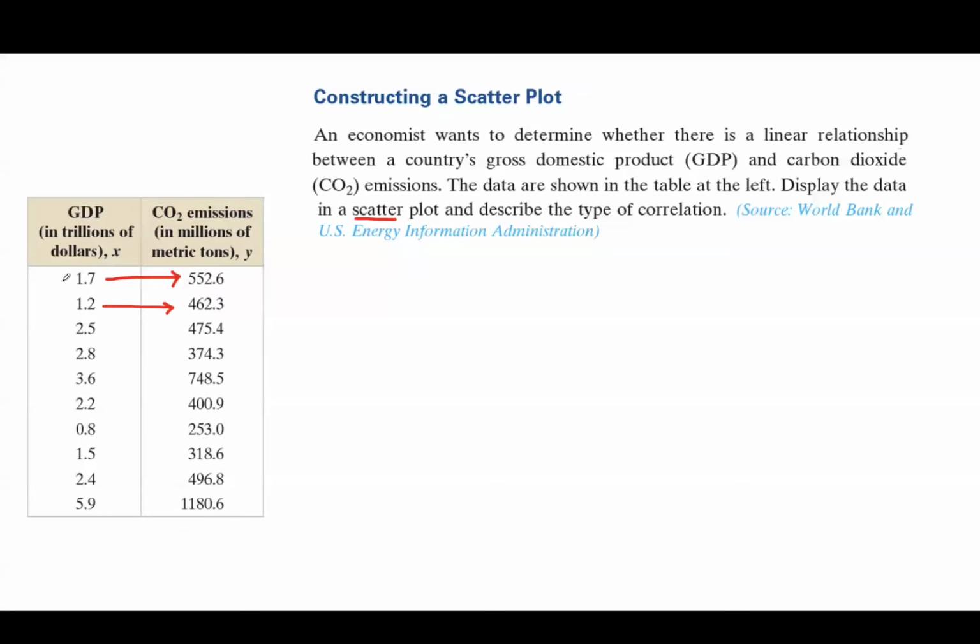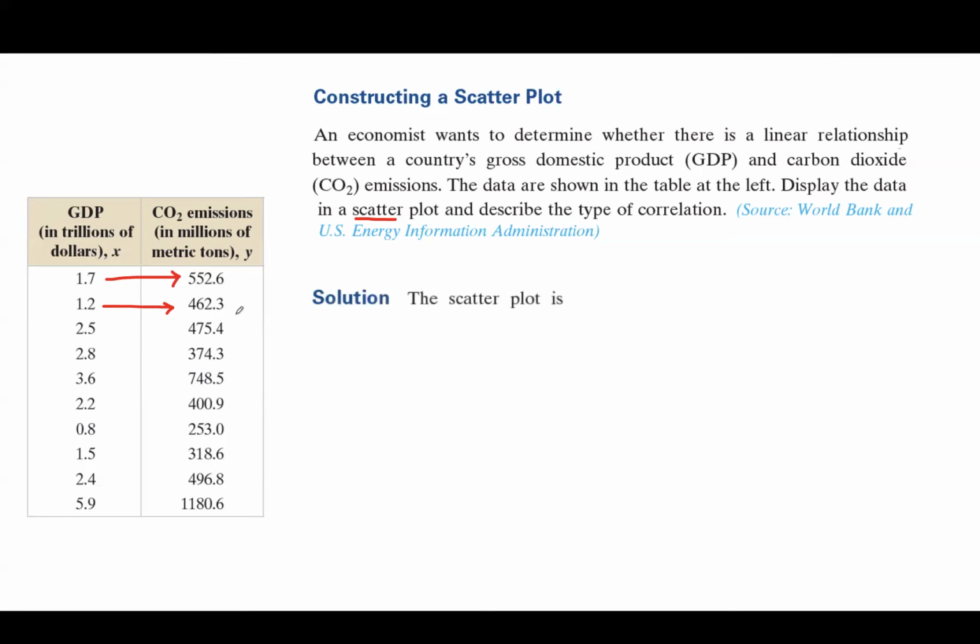So if GDP is 1.7 trillion dollars, the CO2 emissions is 552.6 millions of metric tons. If GDP is 1.2 trillion dollars, then the CO2 emission is 462.3 millions of metric tons, and so on.